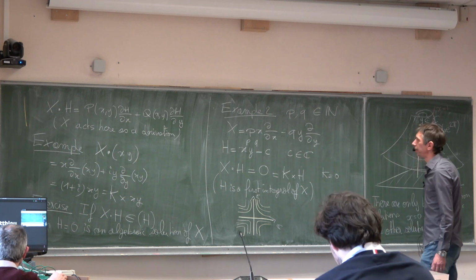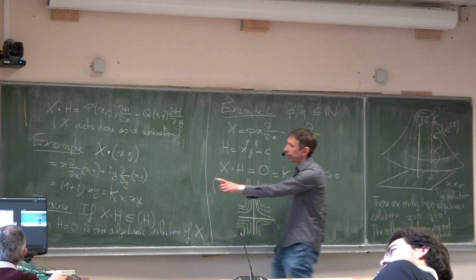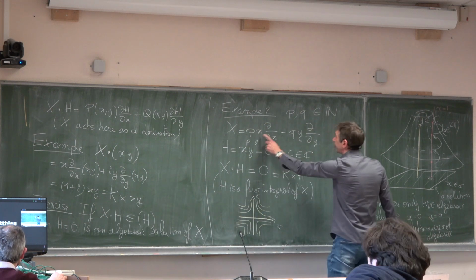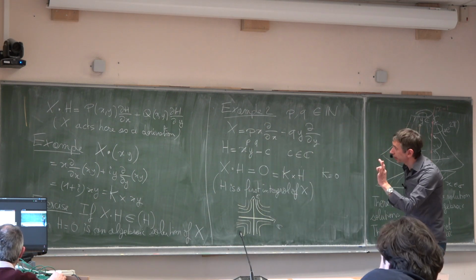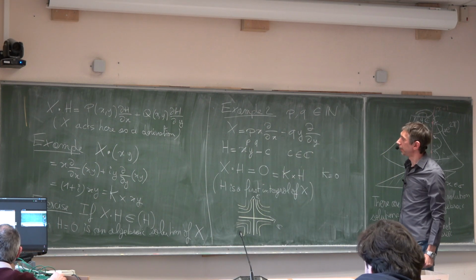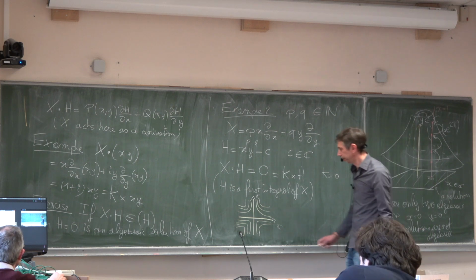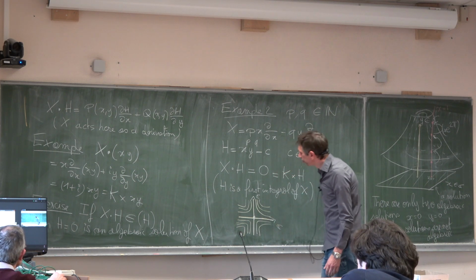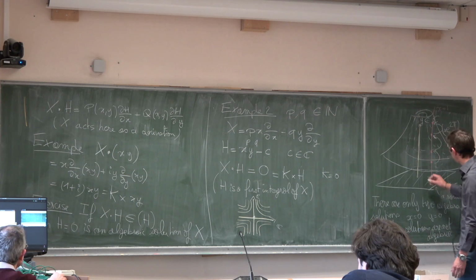If you put x equal y equal 0 in both coordinates of this vector field, and the same up here, the vector field is equal to 0. This is what we call the singularity of the vector field. So here you see that this point somehow seems to be quite special for the vector field, and the same here.